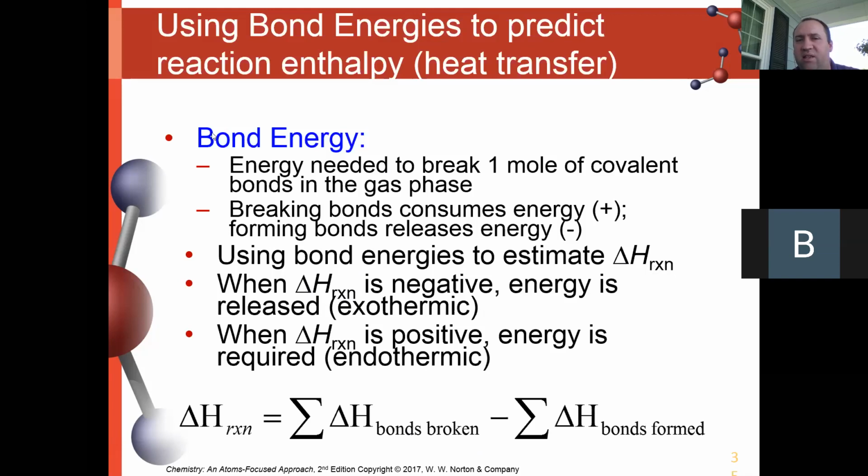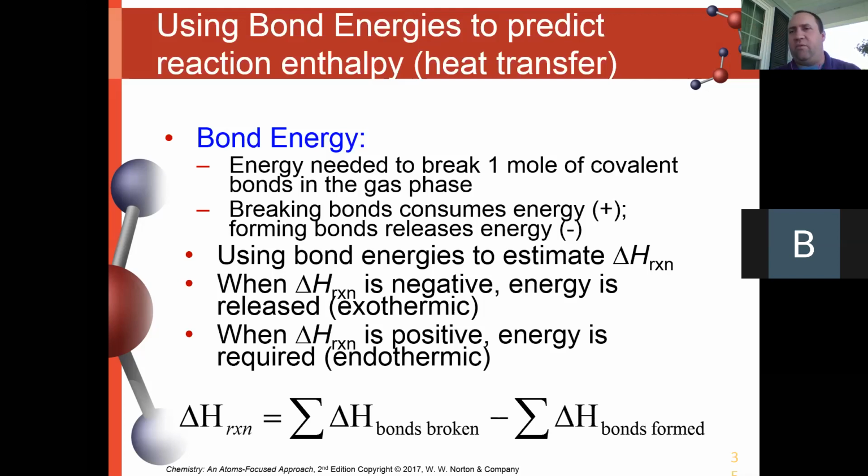We can actually estimate this using bond energies. The way we do that is we evaluate all of the bonds in our reactants and compare that to all the bonds in our products, and through that comparison say, okay, the bonds in the products have more energy.